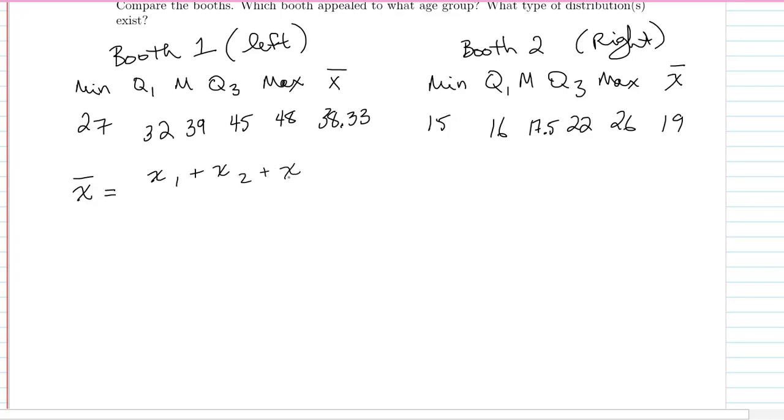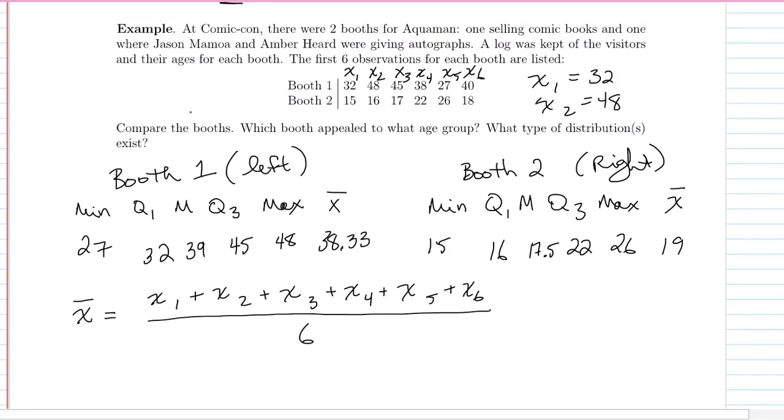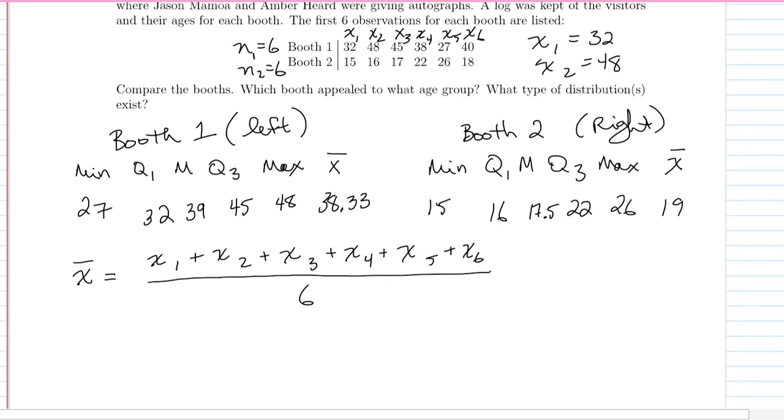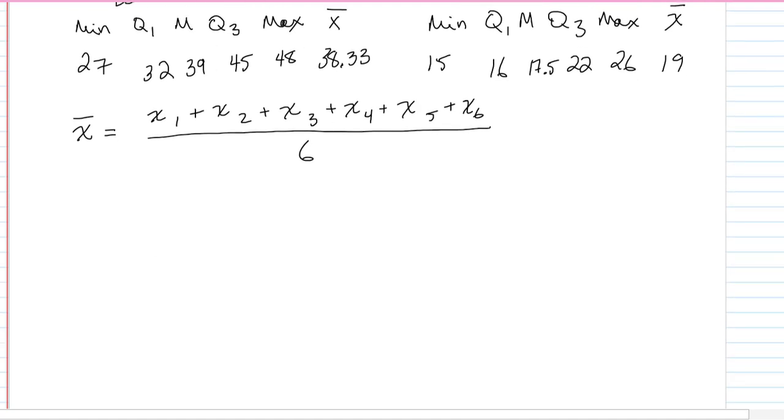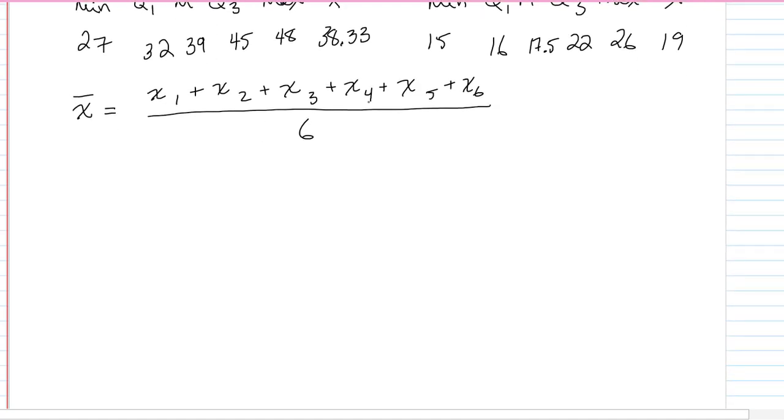All you're doing is adding up all those numbers and dividing by n, or the total number of numbers in your data set. So here, n for booth 1 is equal to 6. I'm just going to use n sub 1 so we know it's for booth 1. And n sub 2 is also equal to 6. It just so happens that there are the same number of numbers in each data set, but that doesn't always have to be true.